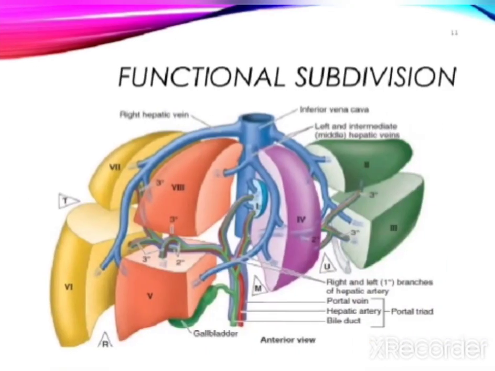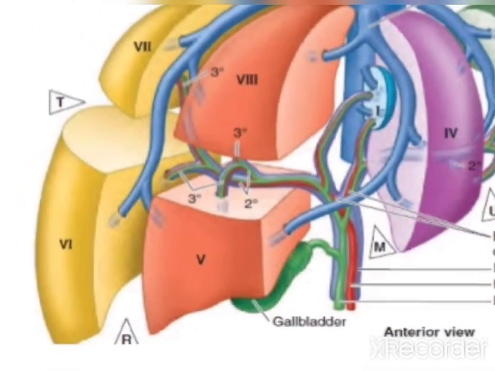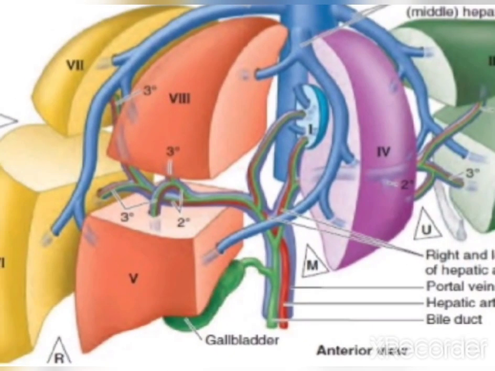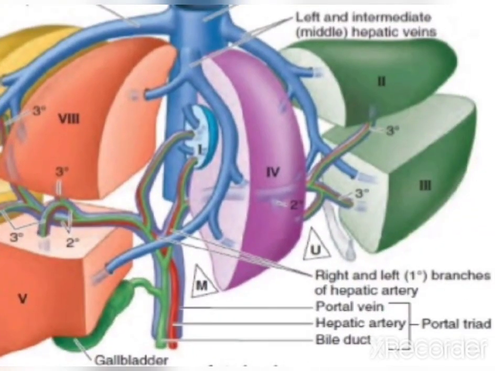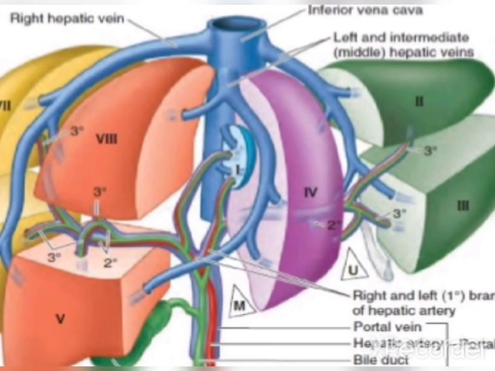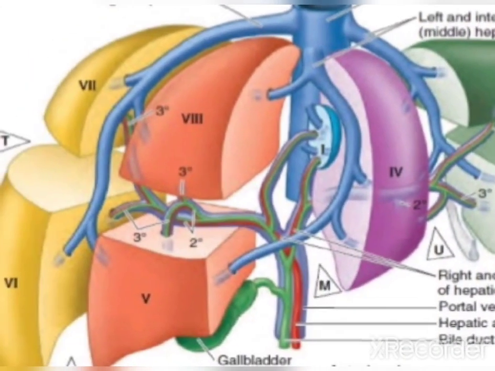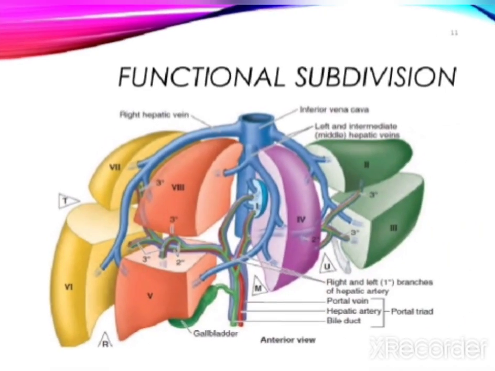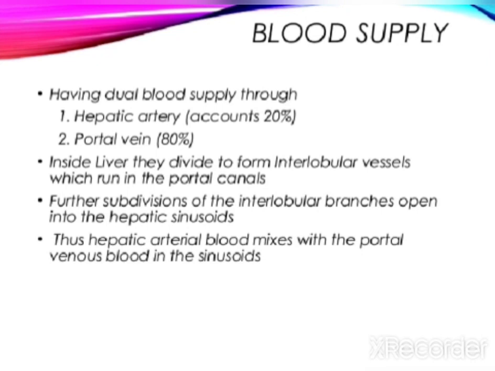Here they have shown the functional division: first, second, third, fourth, fifth, sixth. In this manner they have divided the functional subdivision of the various lobes. Now, what is the blood supply of the liver?